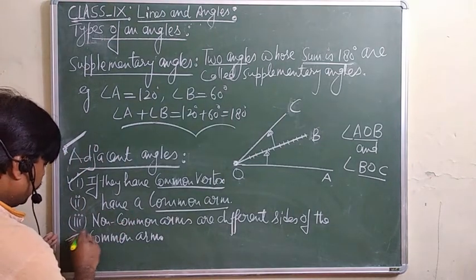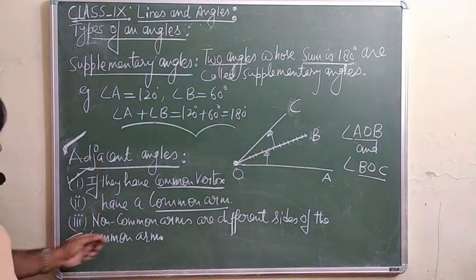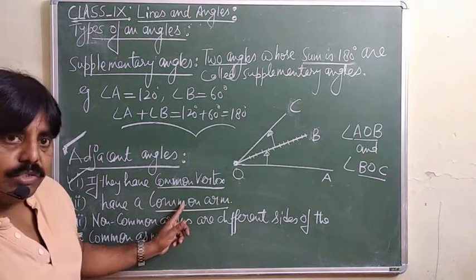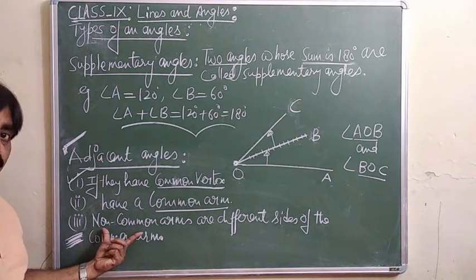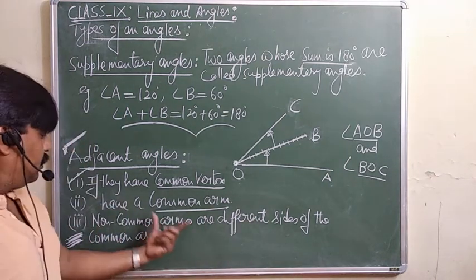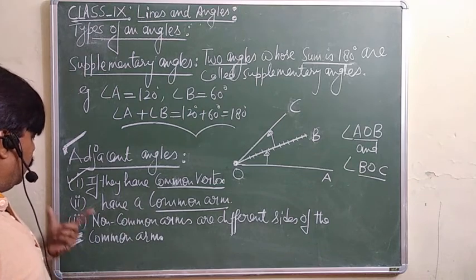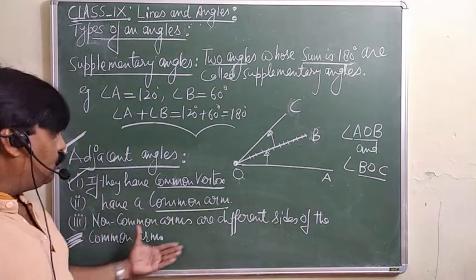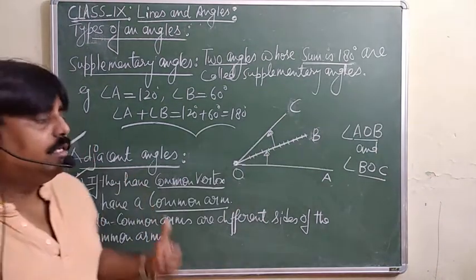The most important is the third, because sometimes these two conditions are satisfied, but the third one is not. This third condition is very, very important and must be satisfied. If the third is not satisfied, then the angles cannot be adjacent.